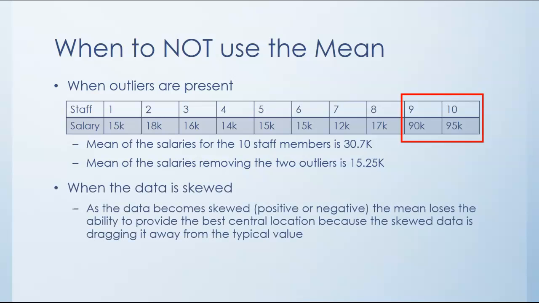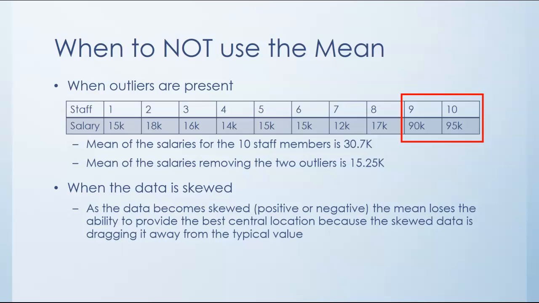As a side note, whenever our data is skewed, whether it's skewed positive or negative, it really doesn't matter which direction, our mean really does lose the ability to provide a best central location because the data drags it one way or another, because you are using all of the data.